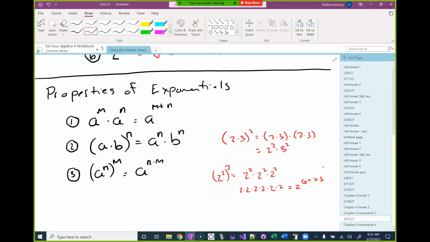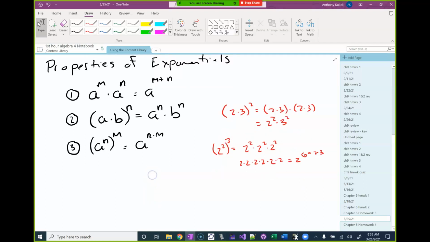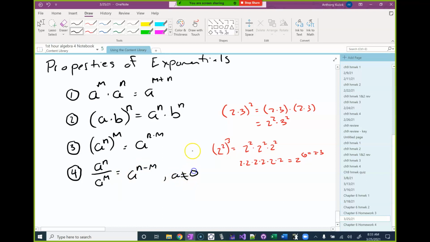Let's see, what's next? So the next one says if you have a to the n divided by a to the m, that's going to be the same thing as a to the n minus m, which hopefully isn't much of a surprise, right?